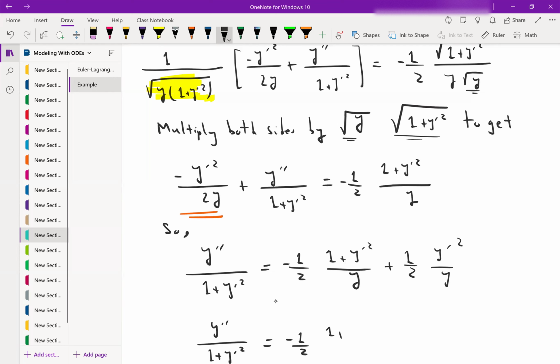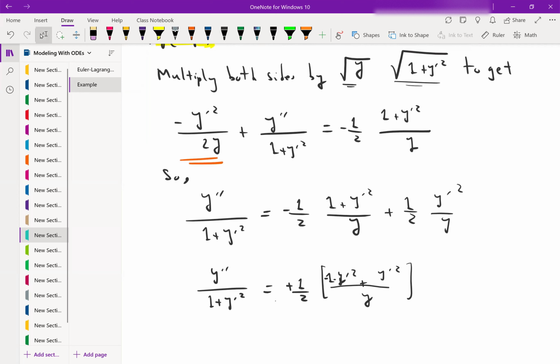Okay, we can factor out this negative 1/2. Or let me factor out positive 1/2. Positive 1/2 times negative 1 minus y prime squared plus y prime squared, divided by y. Yeah, that is exactly what I will get.